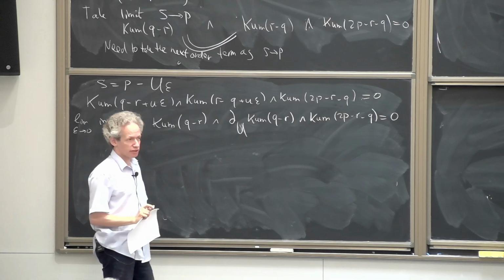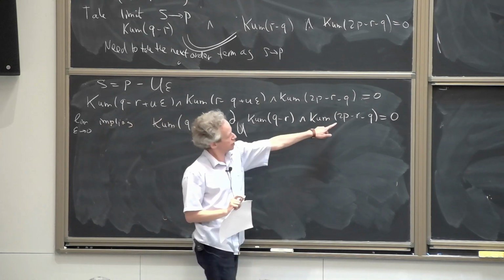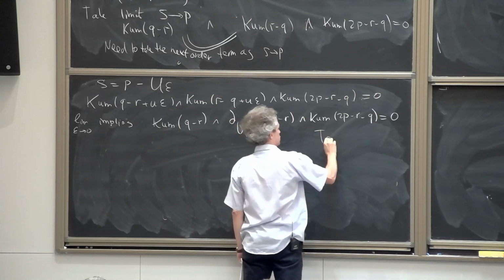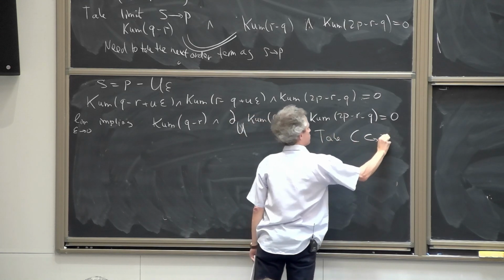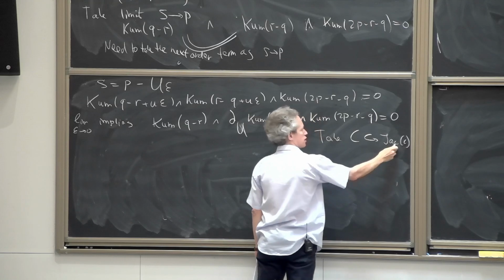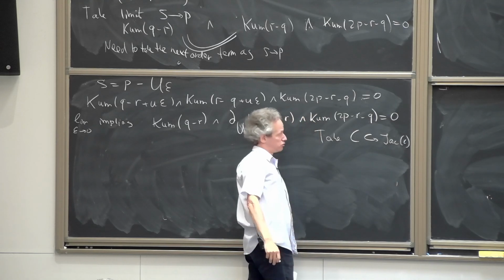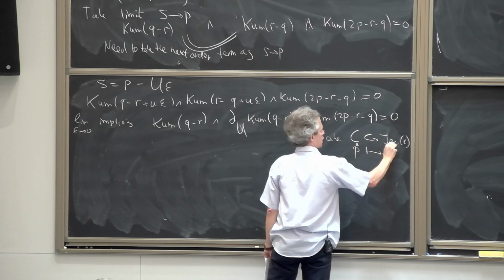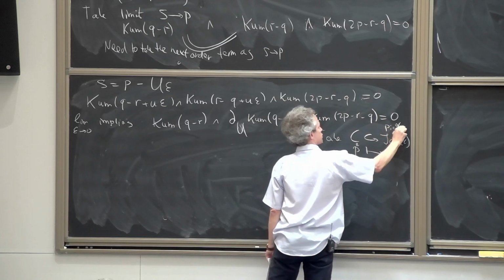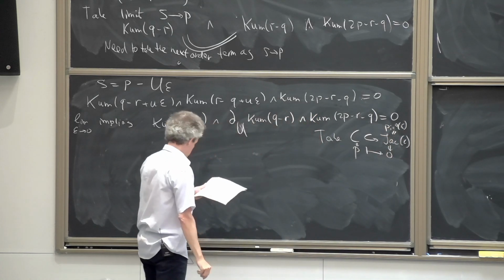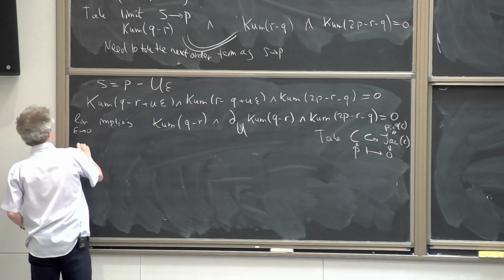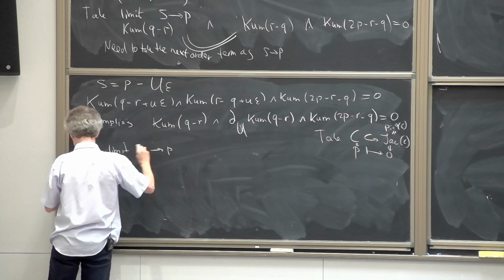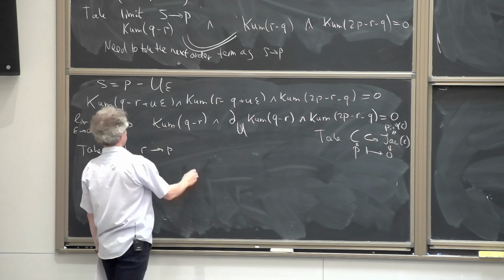This starts to look a bit ugly. I will want to set P equal to 0, because when I'm taking the map from C to its Jacobian, I know that I'm going to pick 1. I really want to pick 0, so I'll just say P is going to go to 0 when I'm thinking of it as a Jacobian of Pic C. So I want to take the limit again. Now take the limit as R goes to P. Okay?